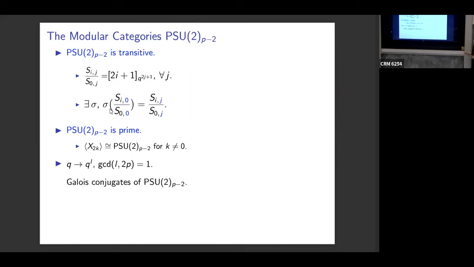One can change the root q to another primitive 2p-th root of unity, and we call the resulting category a Galois conjugate of PSU(2) level p-2.